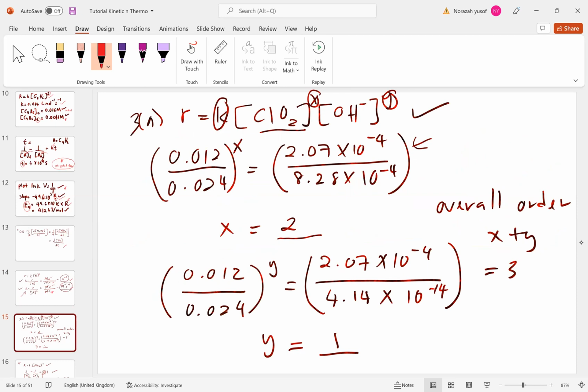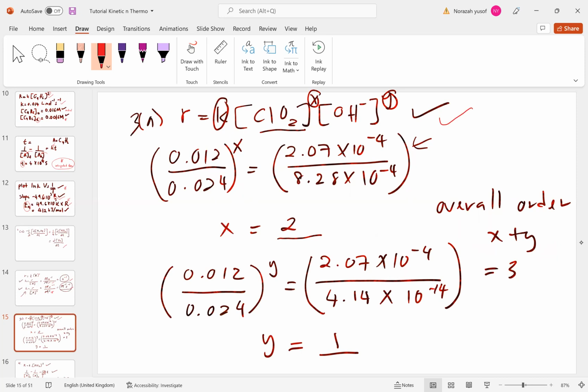Number 3, rate data were collected for the following reaction at a particular temperature. Okay, so you have ClO2 plus hydroxide producing chlorate, I think. Alright, so what is the rate law expression for this reaction? Same as the steps just now. Now you identify the reactant.